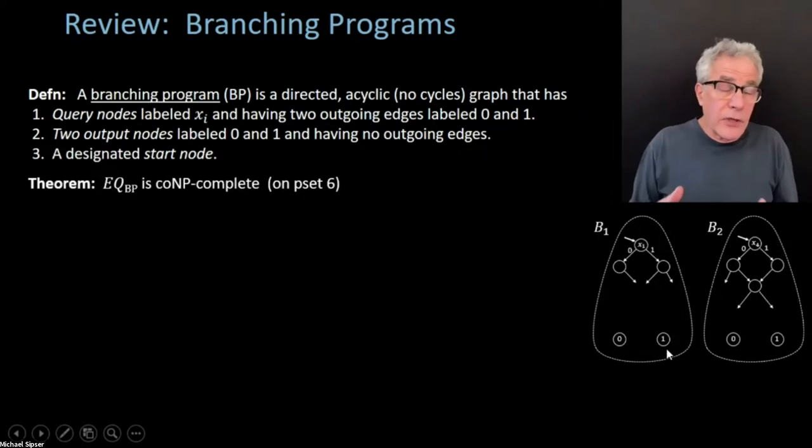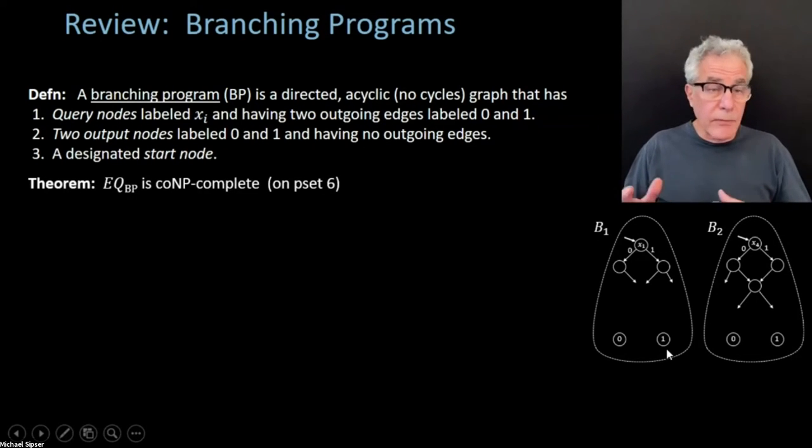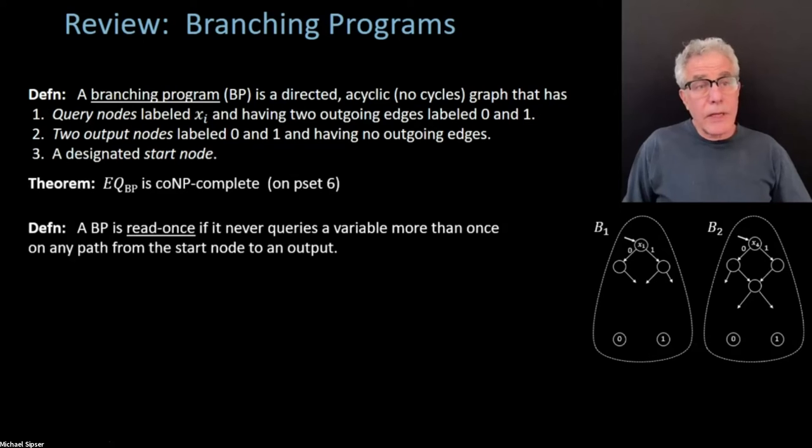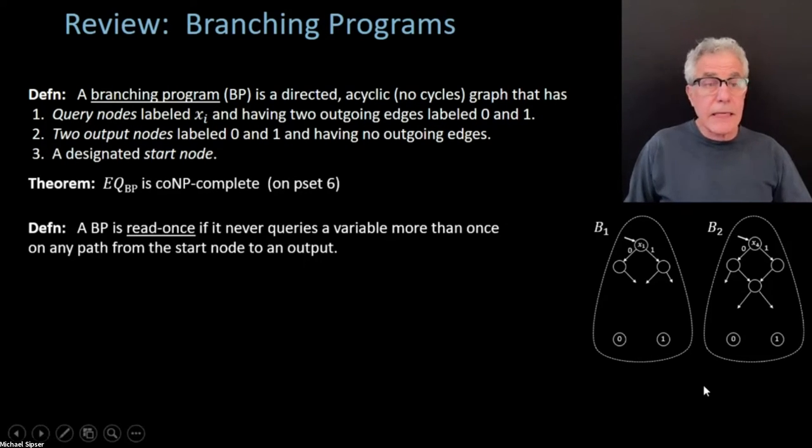Now, you might have two branching programs and wonder whether they're computing the same Boolean function or not. And testing that is a co-NP complete problem, as you are asked to show on your homework. Now, if the branching program, however, has a restriction, namely that it's not allowed to query the same variable more than once on a path, we call it a read once branching program.